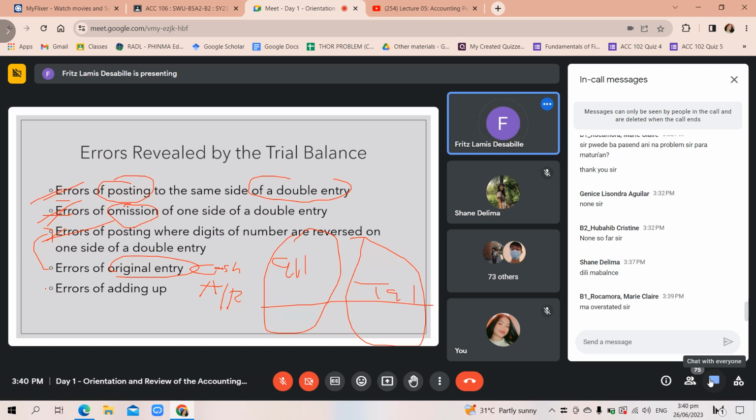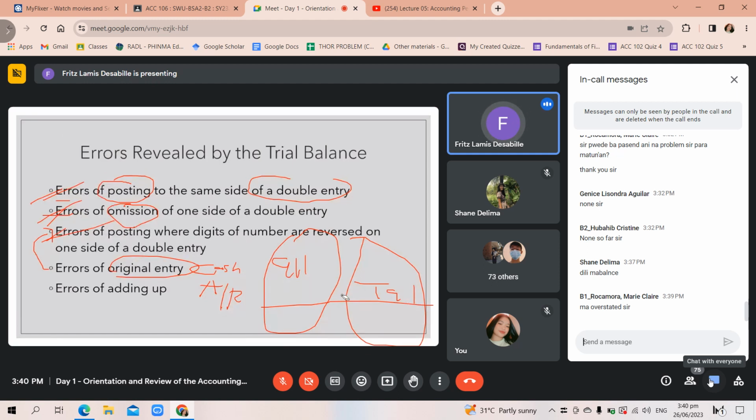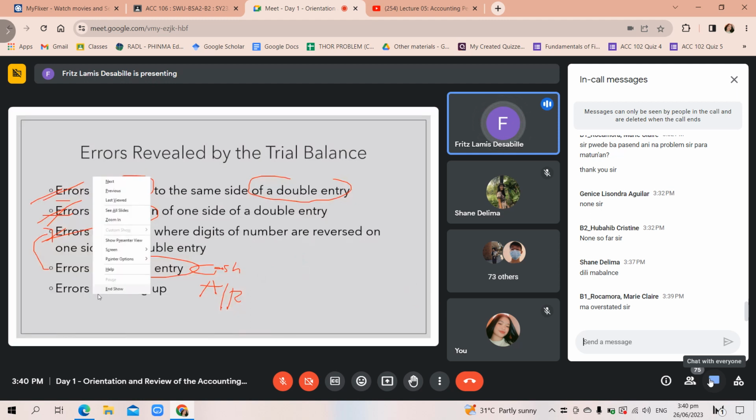Number 5 is errors of adding up. Say for example na-kay sales, partly cash, partly AR. So errors of adding up: debit cash, debit AR, credit sales.